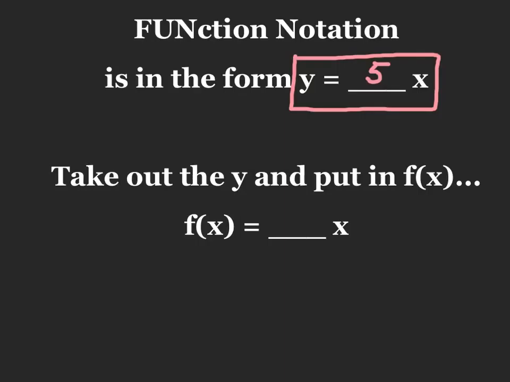Well, now, in order to write something in function notation, we're just going to take this y, and instead of writing y equals 5x, we take out the y and put in f of x, just meaning that it's a function. So notice instead of y here, it says f of x equals, and then we can put our 5 in. So y equals 5x means the same thing as f of x equals 5x.